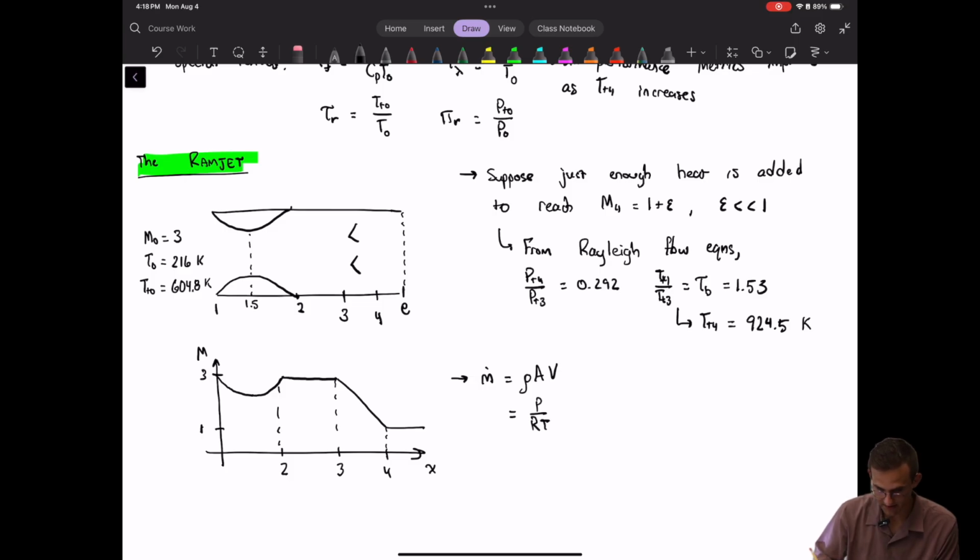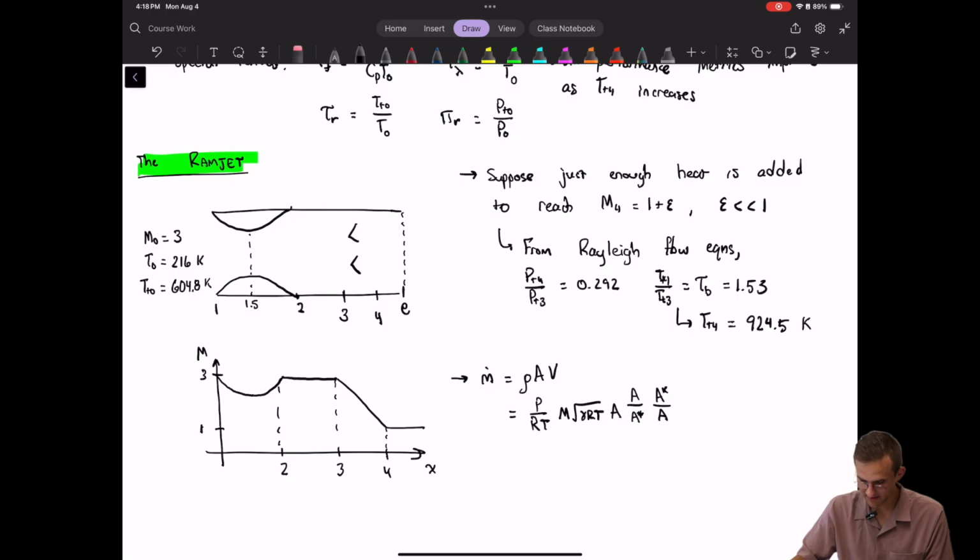We're also going to bring in the definition of the Mach number. So we have M times the square root of gamma RT. That's V, right? And then we have A, but I'm going to multiply by A over A star and A star over A, kind of like this.